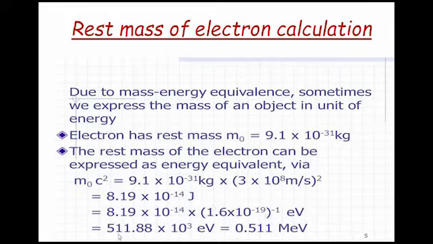So you will get 5.11 into 10 raised to 5 electron volt, that is equal to 0.511 MeV, because MeV is 10 raised to 6 electron volt. So you will get 0.511 MeV.